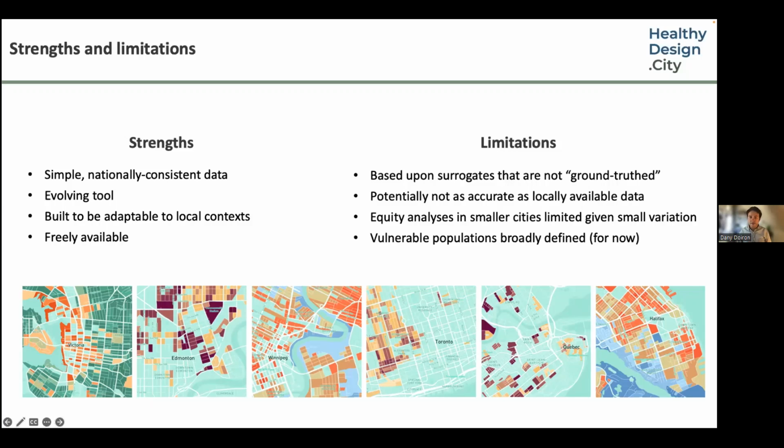And vulnerable populations are broadly defined. So as I showed, we're defining vulnerable population as older adults or children, whereas we might want to think of combining different factors to give a more detailed overview of vulnerable populations, such as older adults with lower income.